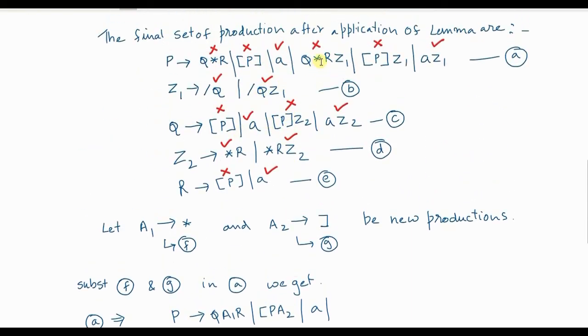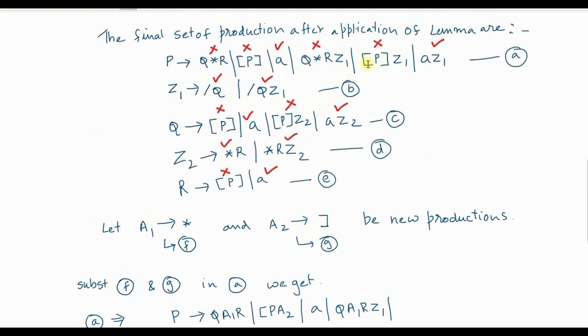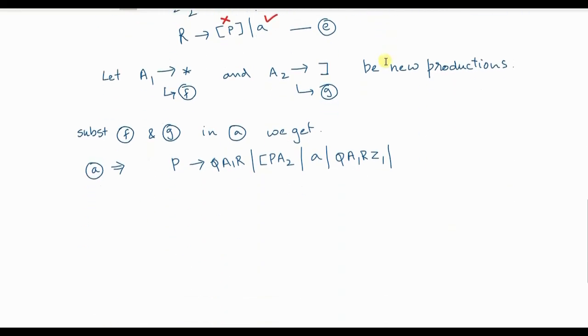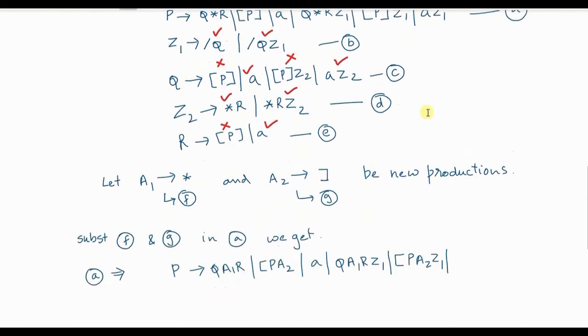In the fourth term here, star will be replaced with A1, so this will look like Q A1 R Z1, or closing bracket will be replaced with A2, so this will look like opening bracket P A2 Z1, opening bracket P A2 Z1, and this is already in GNF, A Z1.